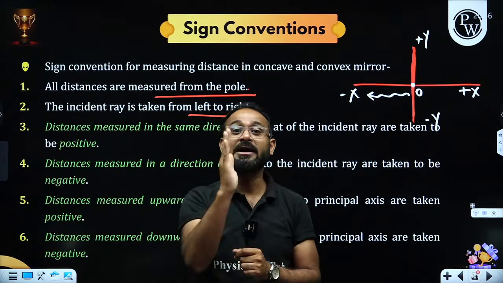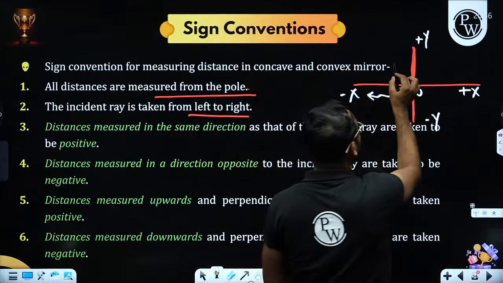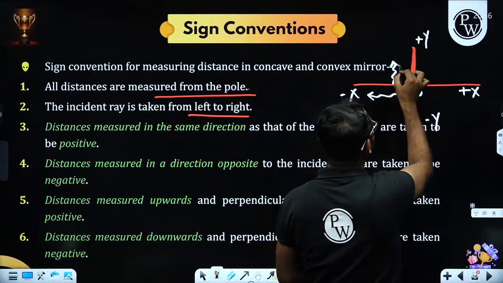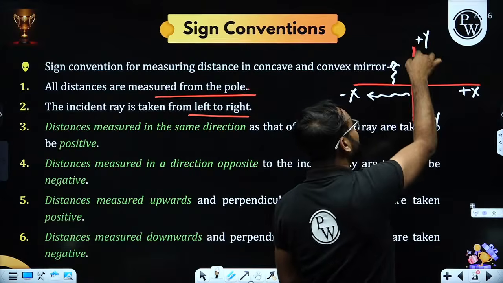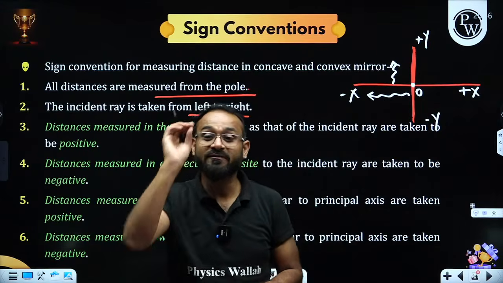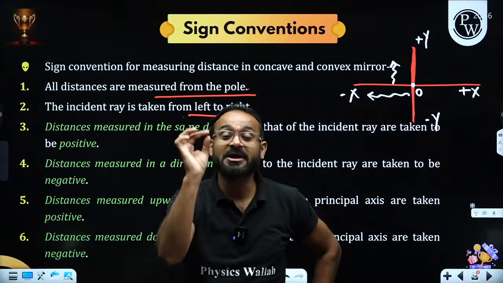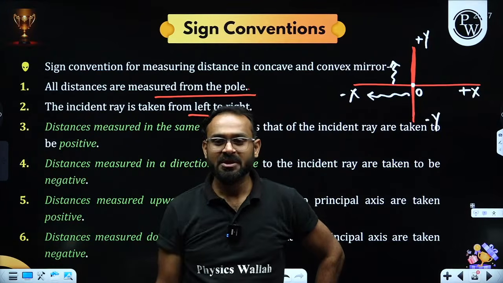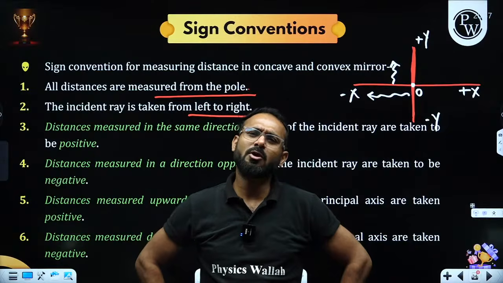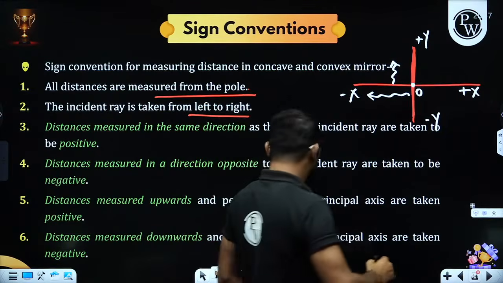Sir, what about height? If any object is placed over here, it is along the positive y-axis. So the height of the object will always be positive. Sir, what about a real image? What about a virtual image?